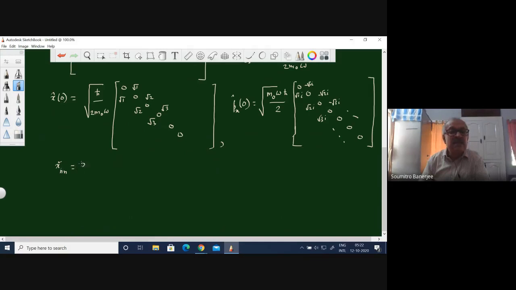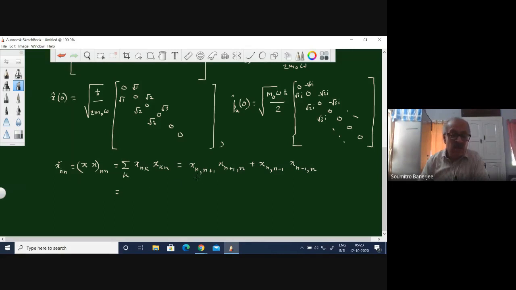This is the nth element, and this will actually be the sum over k of X n k, X k n, and that will turn out to be X n comma n plus 1, X n plus 1 comma n, plus X n comma n minus 1 times X n minus 1 comma n.